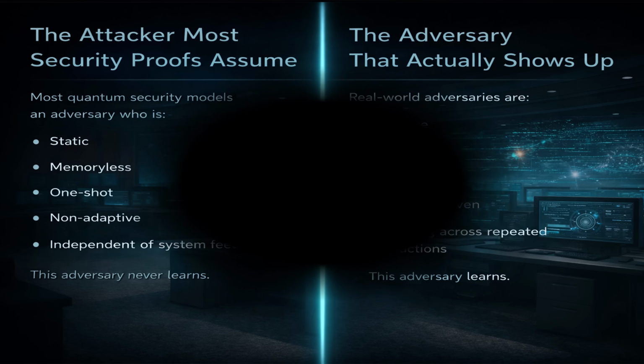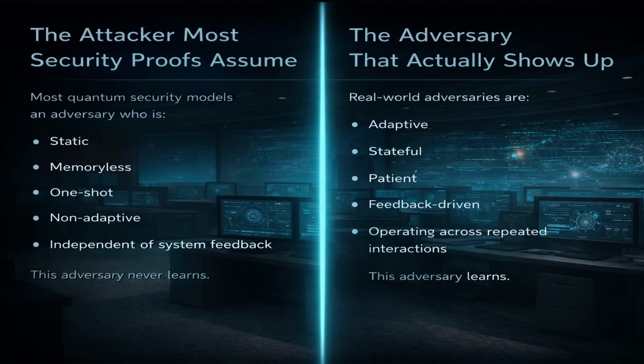This is the disconnect. On one side is the adversary most security proofs assume: static, memoryless, non-adaptive, and independent of system feedback. This attacker executes a fixed strategy once and then disappears. On the other side is the adversary that actually shows up in real systems.